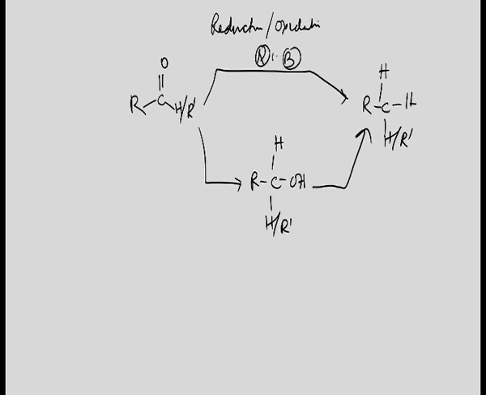So, A is zinc, this is the Clemmensen condition, zinc amalgam, HCl. This is acid condition. Basic condition, the Wolff-Kishner that we know.